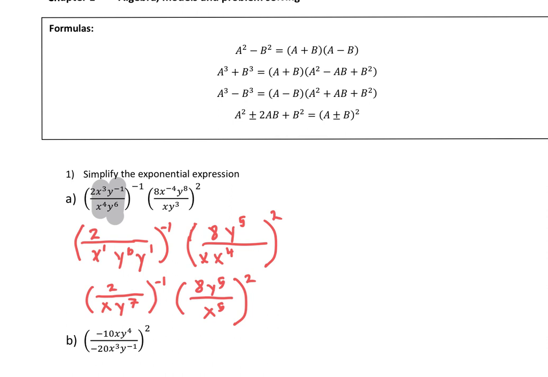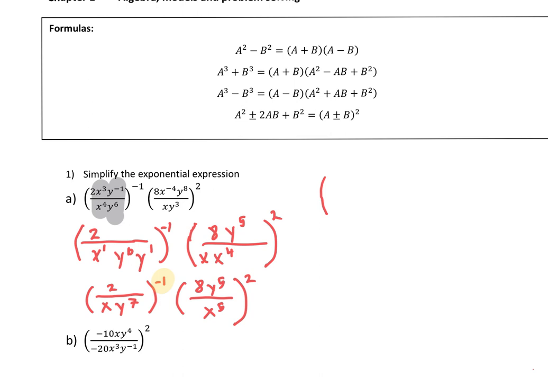So after I simplify inside the parentheses, I want to distribute the exponents. Now one thing that we need to know is we really don't like having a negative there. So because of that, I am going to get rid of the negative by flipping the fraction.